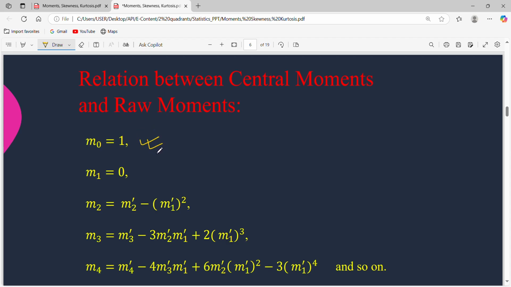No need to prove it; wherever we have to put the value of m0, we can directly put m0 equal to 1. m1 equal to 0 and m2 equal to m2 dash minus (m1 dash) whole square, m3 equal to m3 dash minus 3 m2 dash m1 dash plus 2 (m1 dash) whole cube, m4 equal to m4 dash minus 4 into m3 dash m1 dash plus 6 m2 dash into (m1 dash) whole square minus 3 (m1 dash) whole to the power 4, and so on. So these three formulas we should remember, the relation between central moment and raw moment.